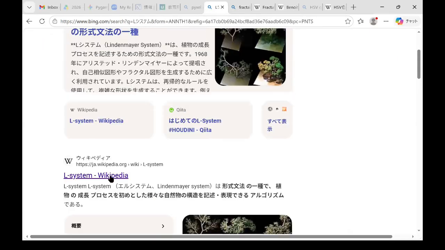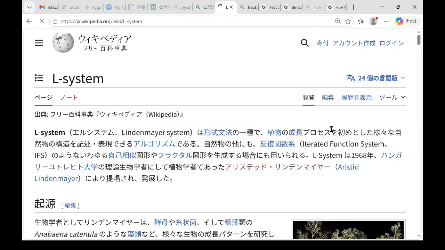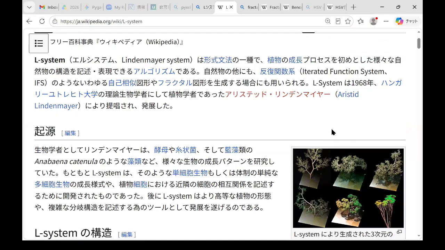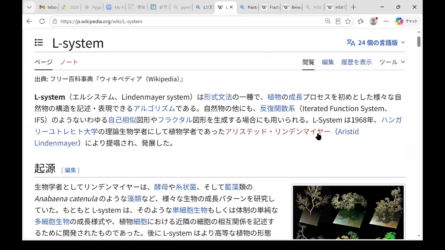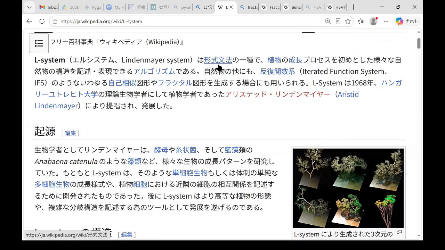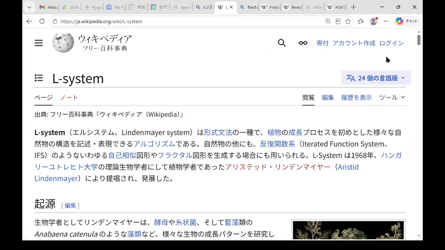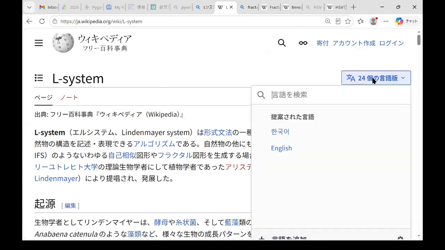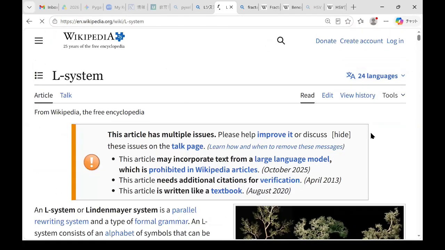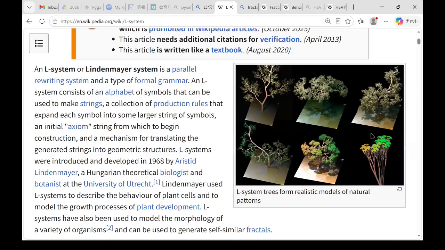Oh yeah, good. Let's see it either in Japanese or English. So the Lindenmayer system, or L system, is a sort of formal grammar where we use a set of grammatical rules and a starting point.